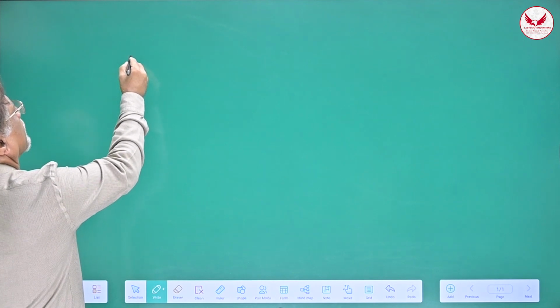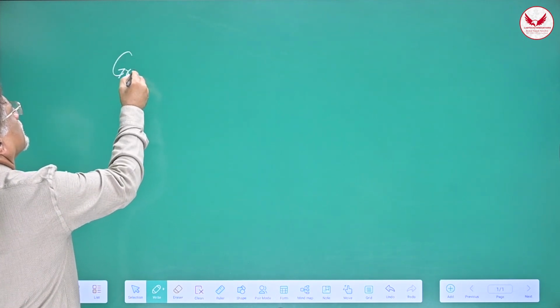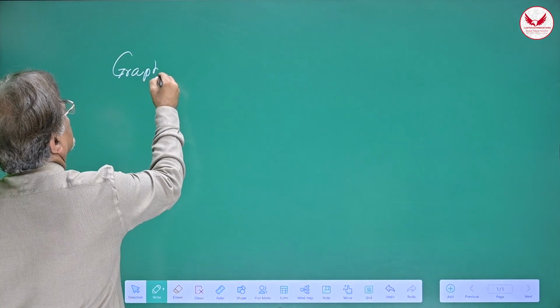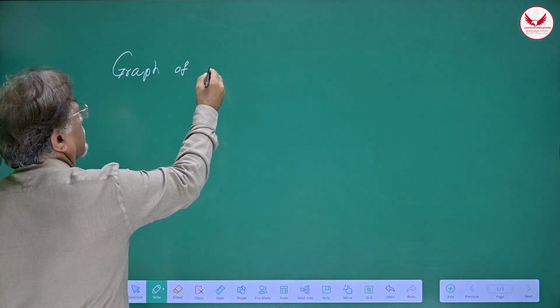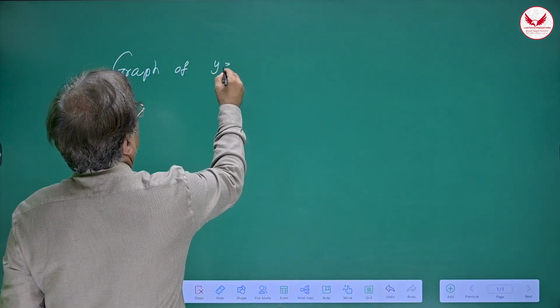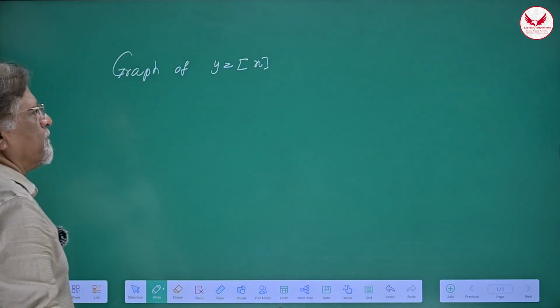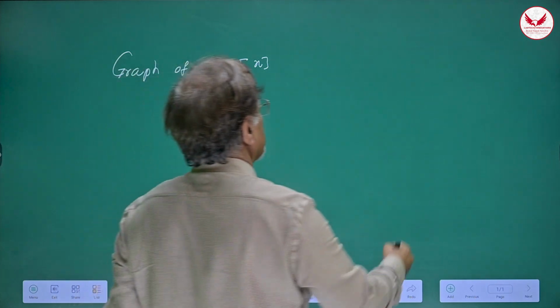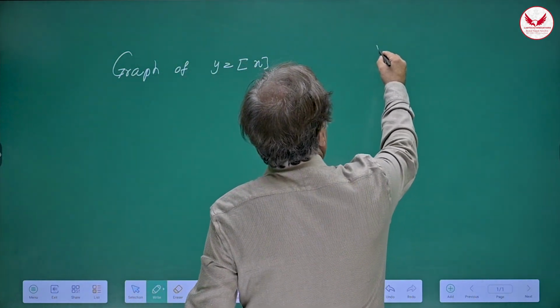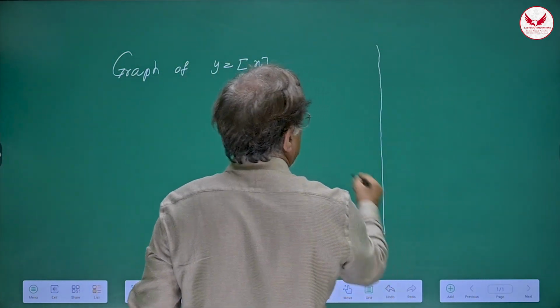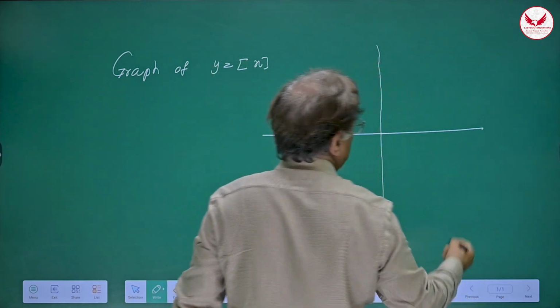So we are now interested in finding the graph of y equal to square bracket x, the greatest integer function. For that, as usual, we'll draw the y-axis and the x-axis.